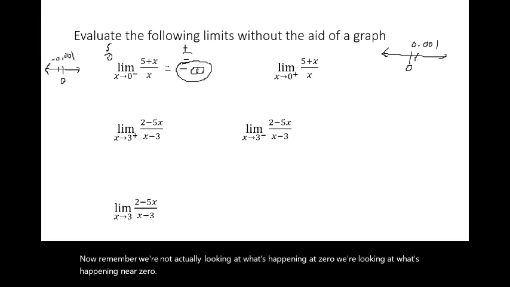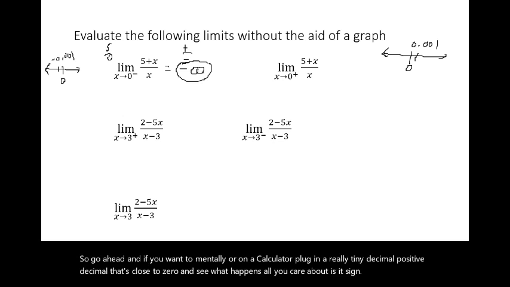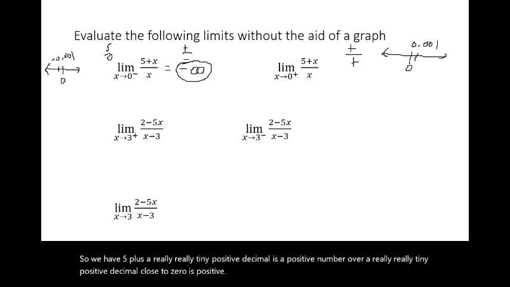All you care about is its sign. So we have 5 plus a really tiny positive decimal, which is a positive number, over a really tiny positive decimal close to 0, which is positive. A positive number divided by another positive number is a positive number, so this limit equals positive infinity.